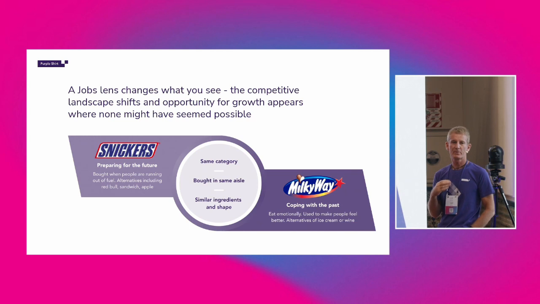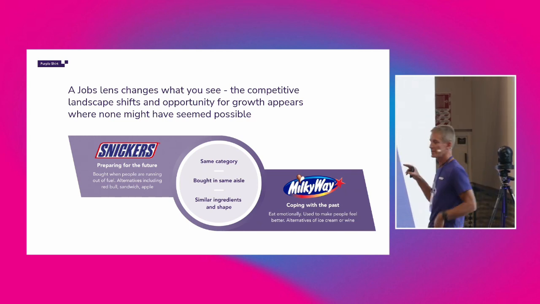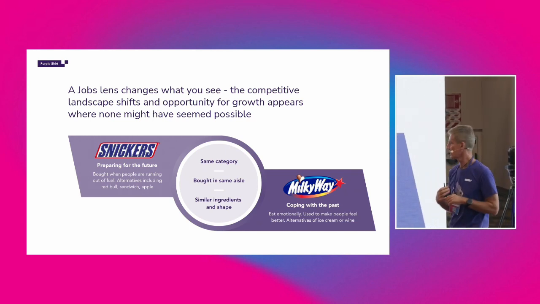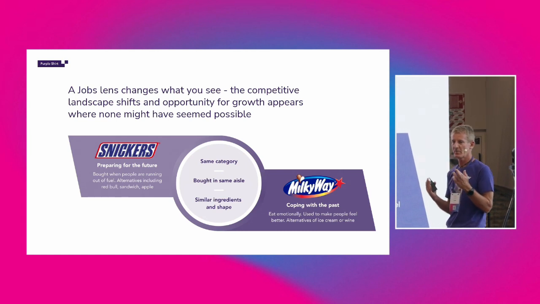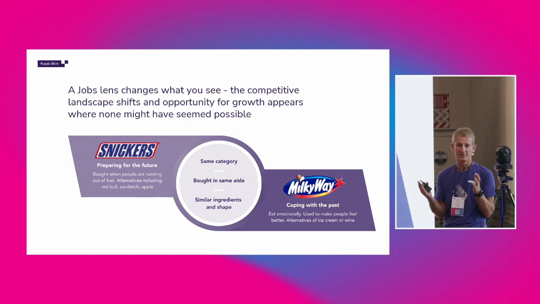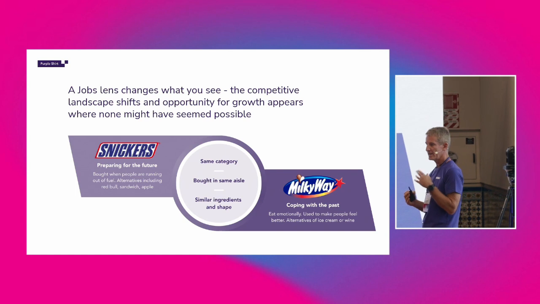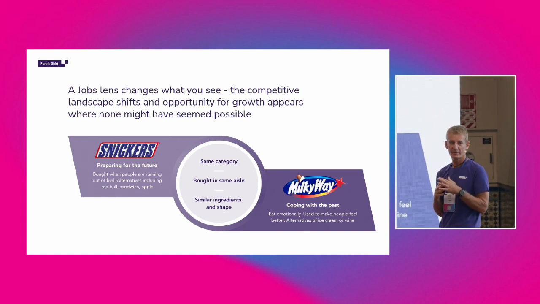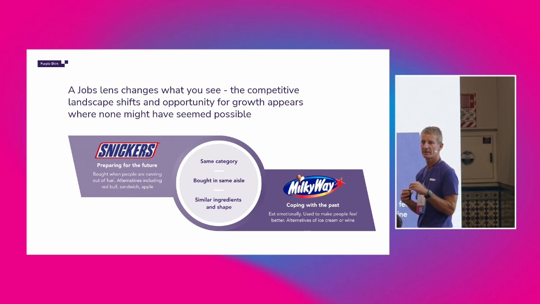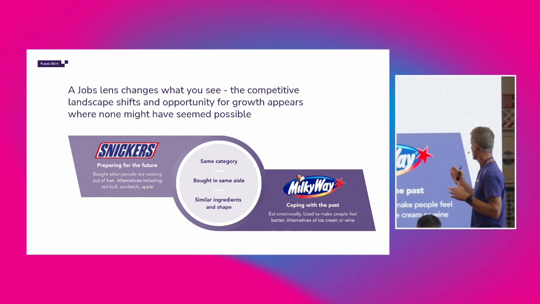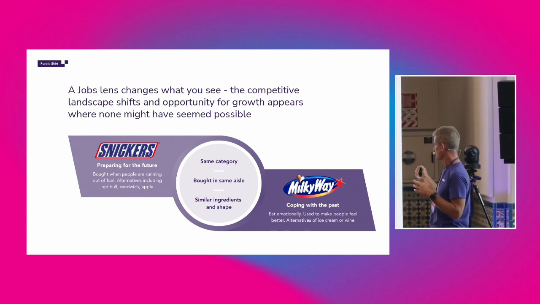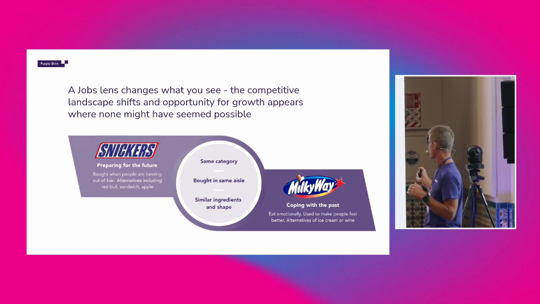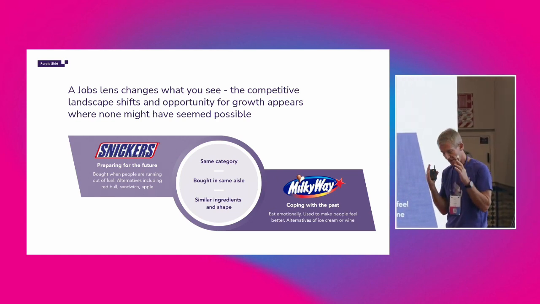The job that people are trying to make progress with when they hire a Milky Way into their life is about coping with the past. It's a kind of comfort food, an emotional eat. It's not an energy hit at all. It's an emotional decision to go and eat a Milky Way. The job it's helping those people with is feeling better about themselves.